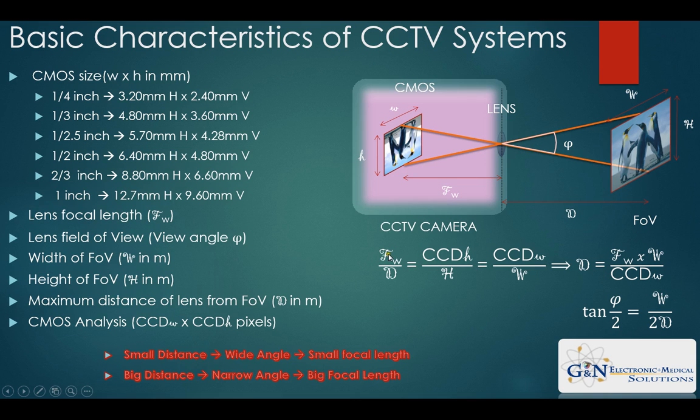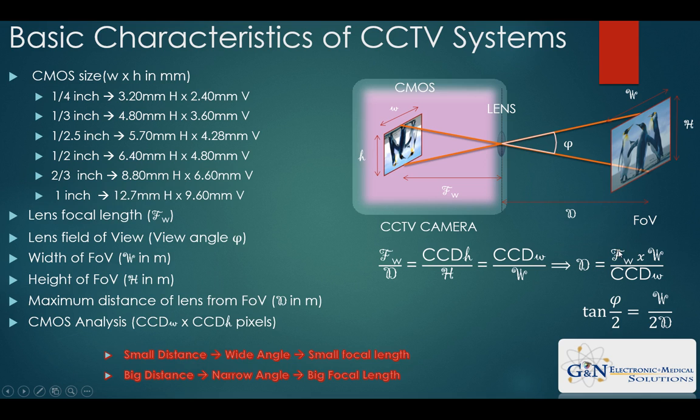All these are demonstrated in this kind of mathematical formula. So the focal length of a lens versus the distance from the lens to the scene is equal to the CCD height versus the height of the scene, or the CCD width versus the width of the scene. And from these formulas, we know the maximum distance at which we can see something.